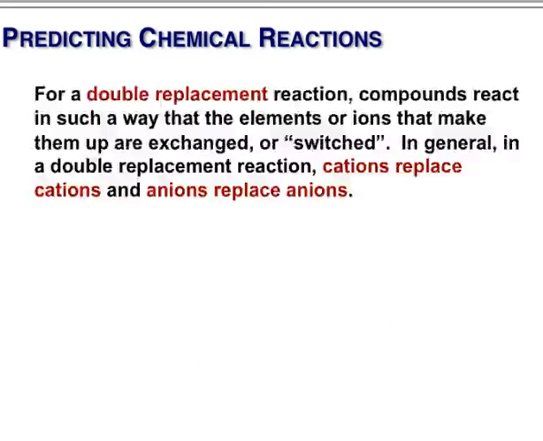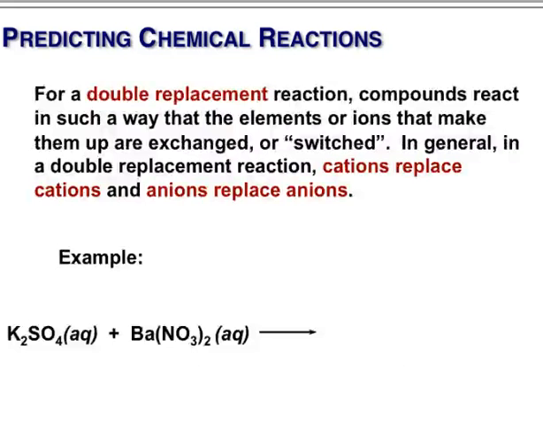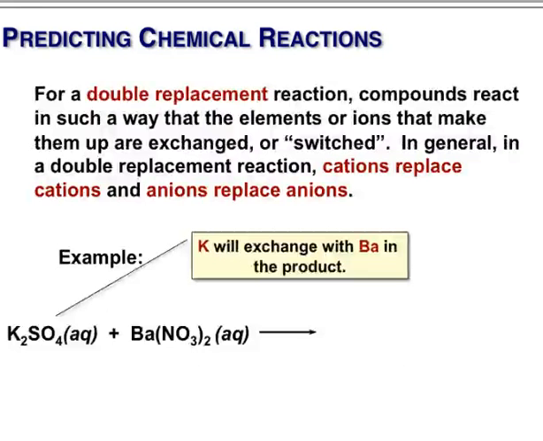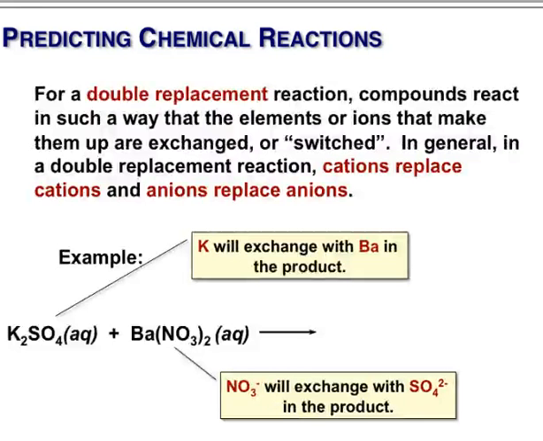All right, double replacement reactions are kind of the simplest once you get used to the concept. The cation will replace the cation, anions will replace anions. So if we have potassium sulfate reacting with barium nitrate, we will simply swap components, and what will we get?